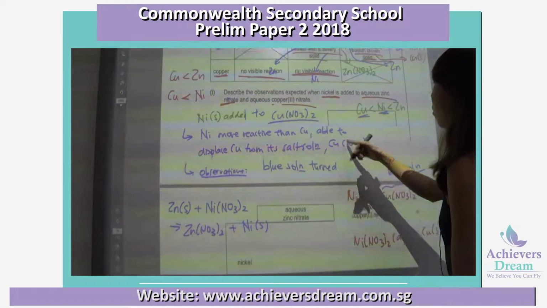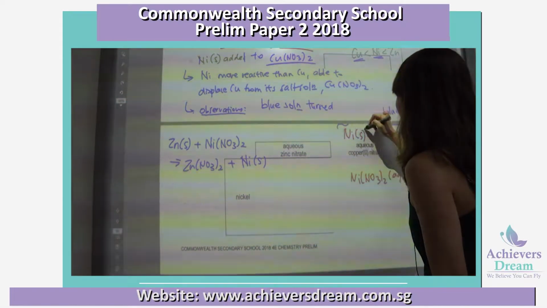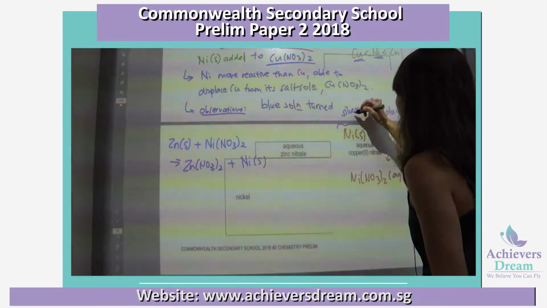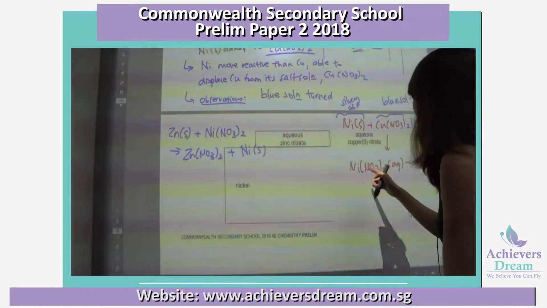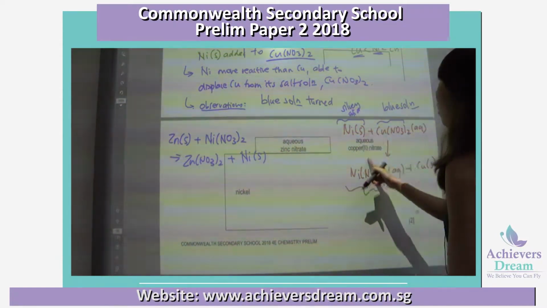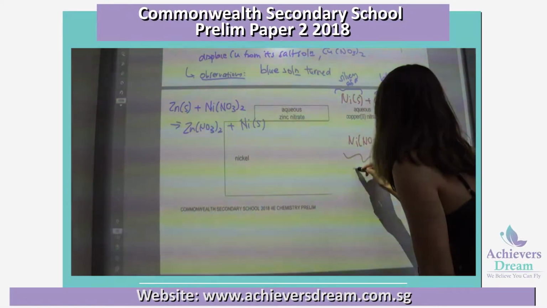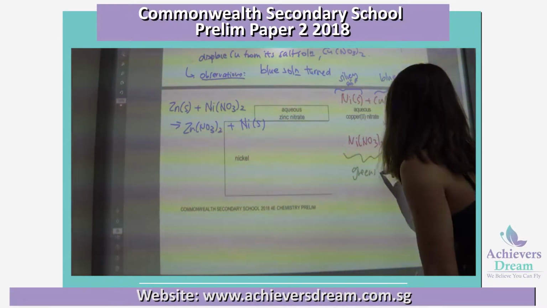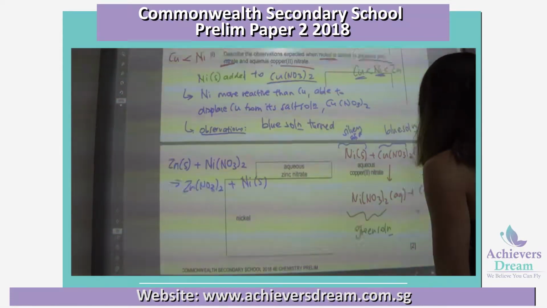Nickel is what color? Let's see. Nickel is a silvery solid. Correct? Then now, nickel 2 nitrate is what color? Again, from the table, it is a green solution. So green. And copper solid is a reddish brown solid.